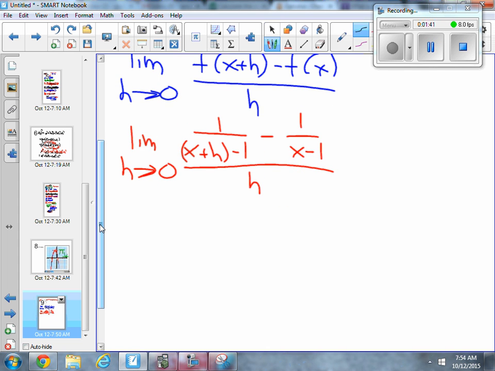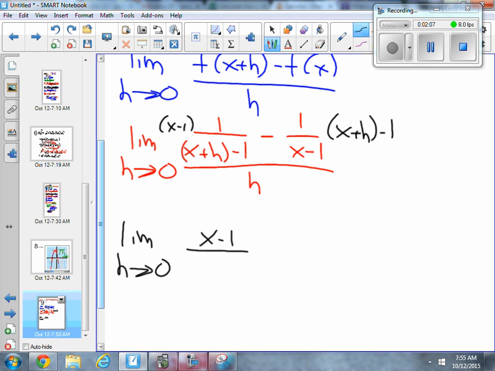I'm going to do that by multiplying. I need to have a common denominator, so I need to multiply my left one by x minus 1, and my right one by x plus h minus 1. So what I'm going to get is my limit as h approaches 0 of x minus 1 over x plus h minus 1 times x minus 1.